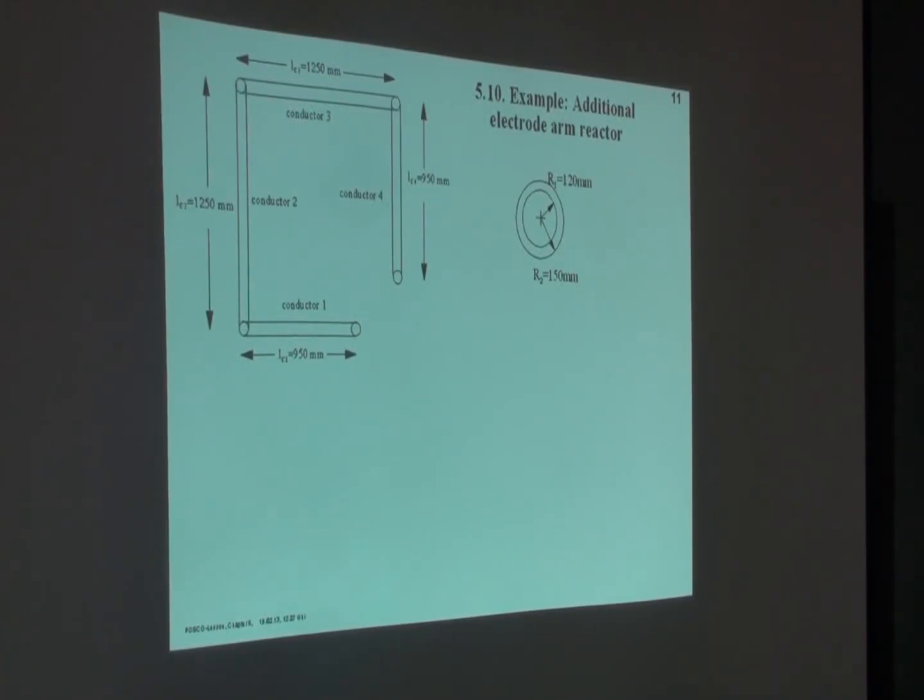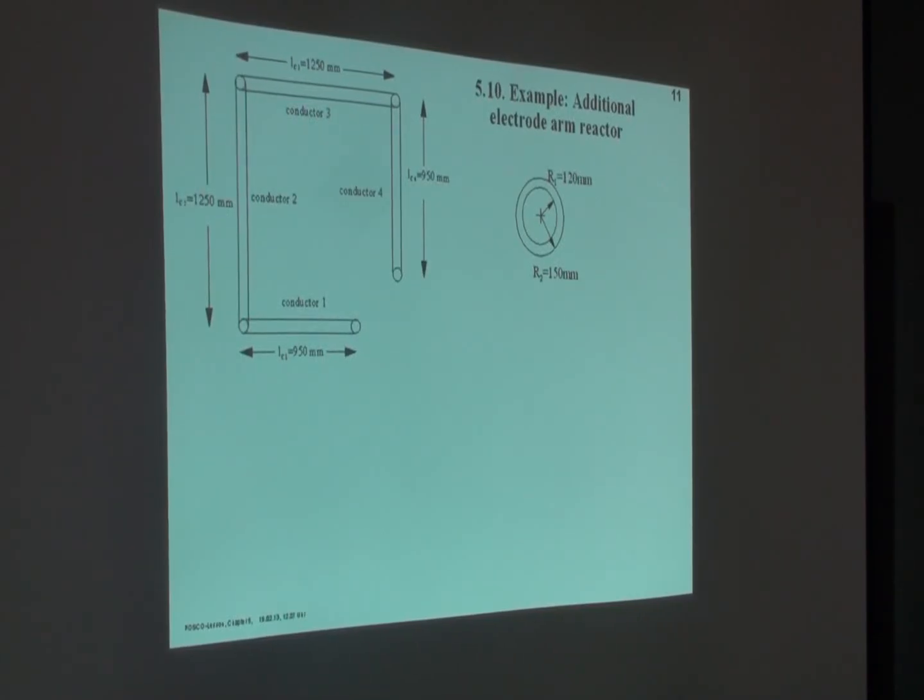And so we have 3, 1 is the same as 2, 4. I think I have to mark it with another color. 1, 3 is always the same as this one, and this one and this one are also the same.